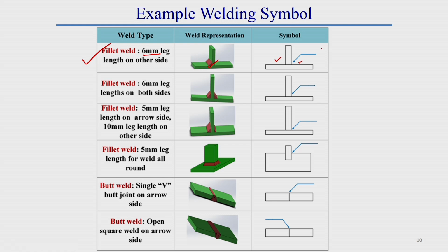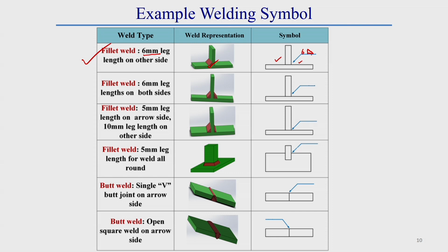So, how will the welding symbol be? The welding symbol will be a fillet shape, since we have done fillet welding here, and the leg length we have to provide on the left side of this fillet symbol. Leg length here is 6.